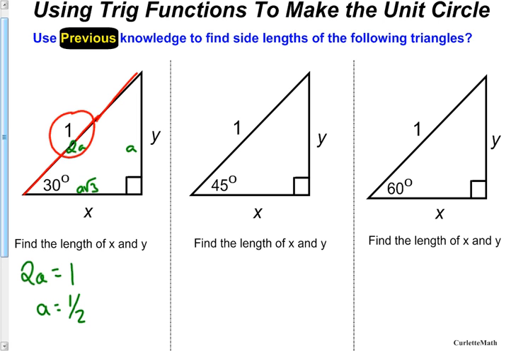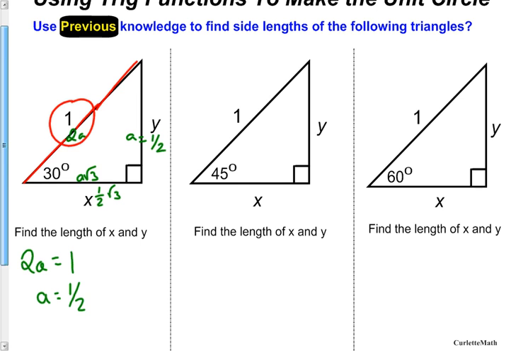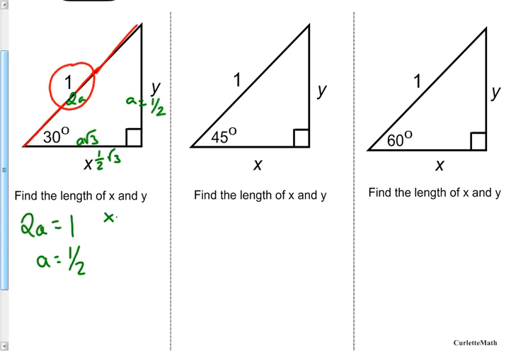So, well, what side length has a length of a? Well, a is here, so a is 1/2. Substitute a into here, and we get 1/2 square roots of 3. Well, x equaling 1/2 square roots of 3, we don't usually write it in that way. We'll write it as the square root of 3 over 2.